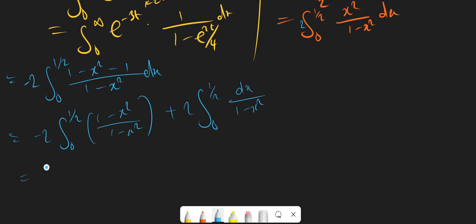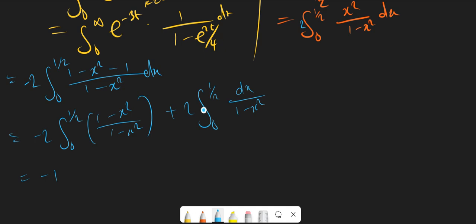So this is going to equal negative 2 times, this is just x, so you have half, so you have negative 1 here, because you just get a half. So this part is just negative 1.